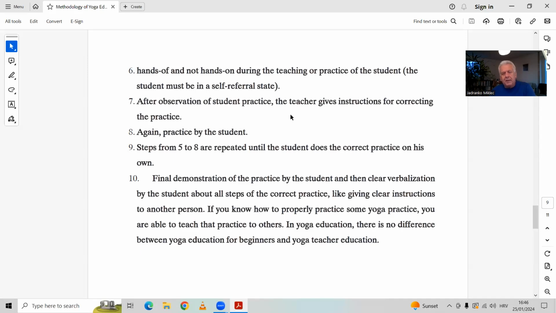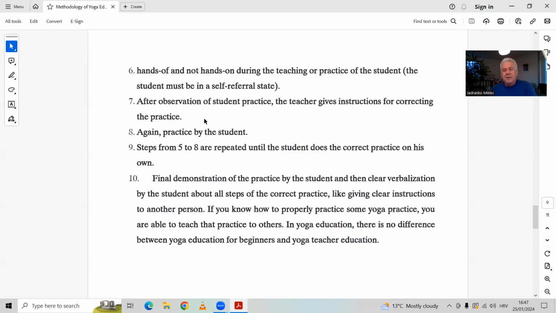Then after the practice of the student, the teacher gives a very clear explanation to the student of where he can improve and where he should put attention to improve the nature of the movement or the position. So the teacher gives instruction for correcting the practice.